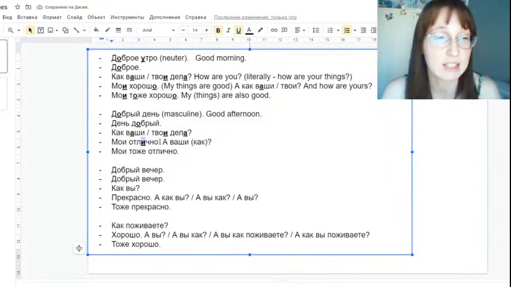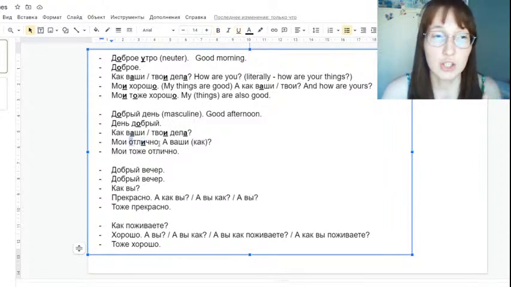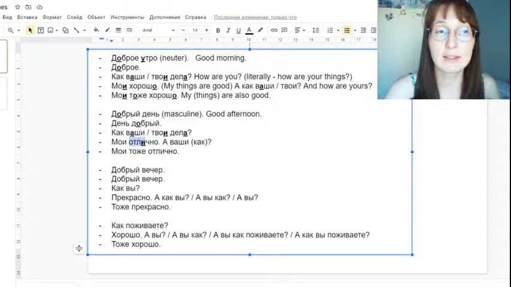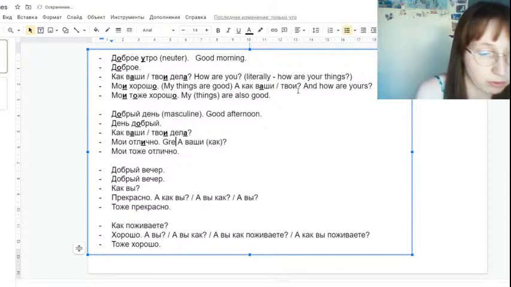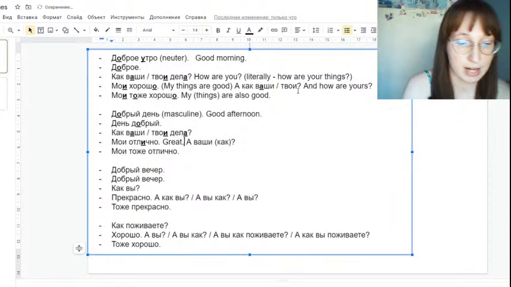The stressed is И, and the unstressed O represents an A sound. Отлично means great. I will write just one word. Great.